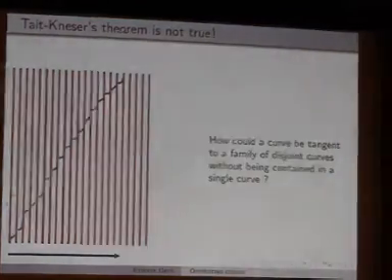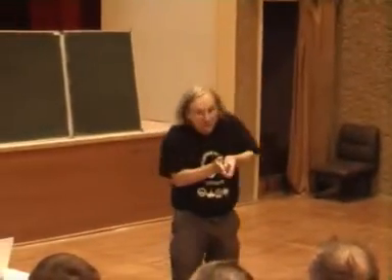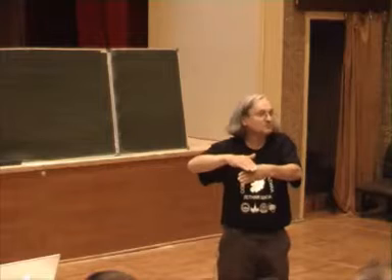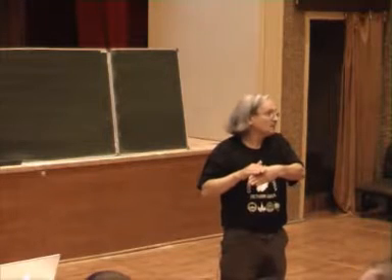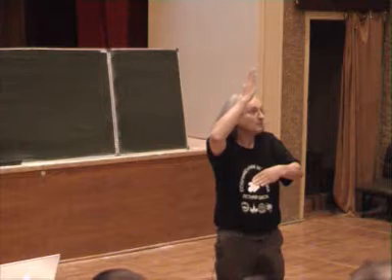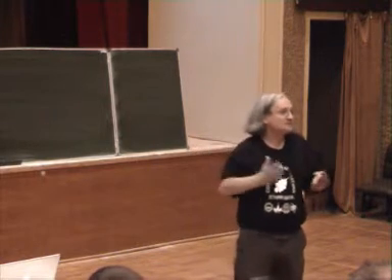So if the velocity is always vertical, its horizontal projection is 0, so the horizontal derivative is 0, so the projection should be a constant. So the blue curve should be a vertical curve. But it cannot be, because it should be contained in a red curve.